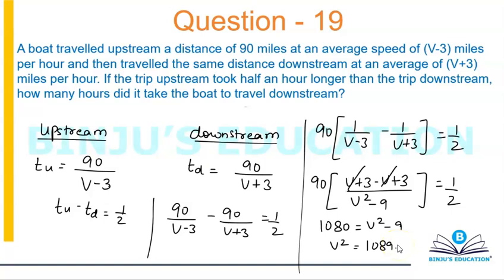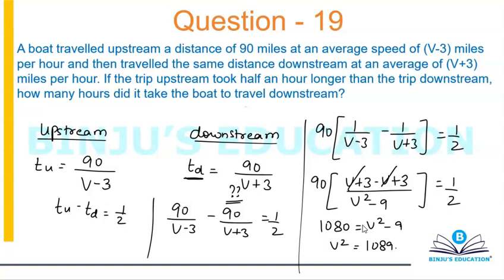So what's the question basically? We need how many hours did it take for the boat to travel downstream? So you need to calculate the value of t sub d, but for that you need the value of v. Now v is basically under root of 1089, which is equal to 33.